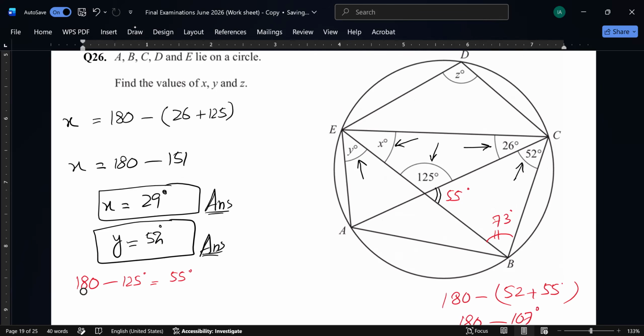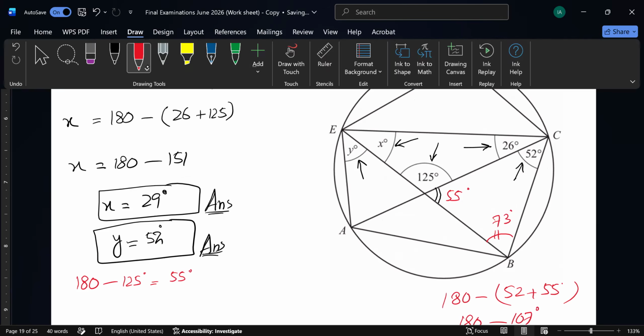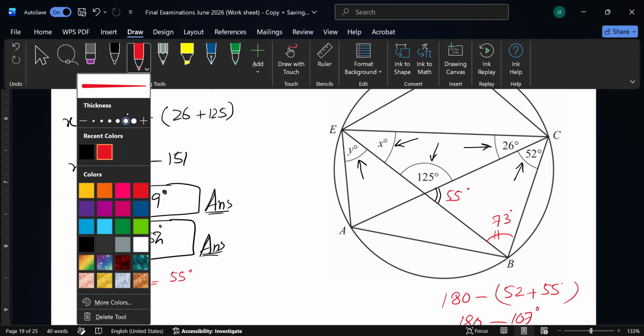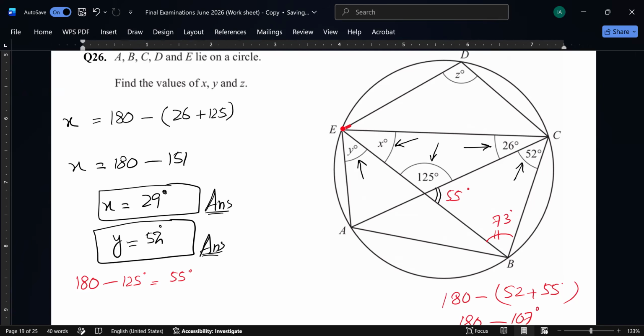If I show you the diagram, I show you the explanation that I'm talking about. If you look closely at the diagram that I redrew, the 4 points on the circumference is called a cyclic quadrilateral, and in the cyclic quadrilateral Z and 73 are opposite to each other. Means the sum of the two angles must be 180 degrees.